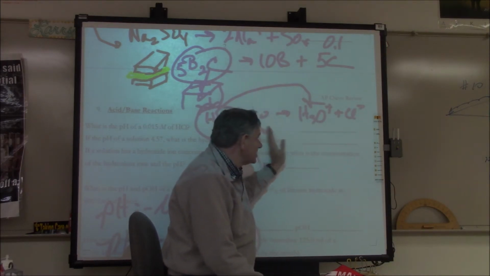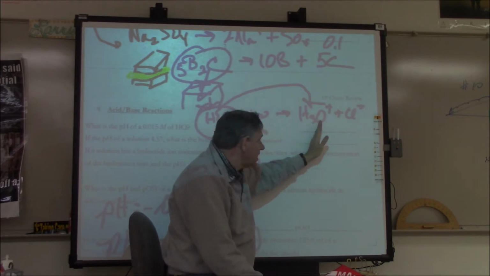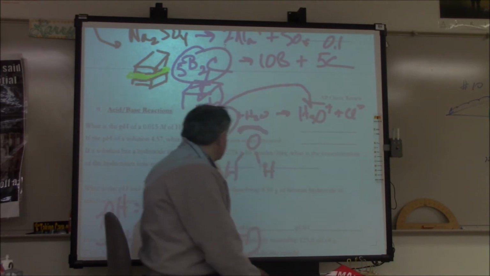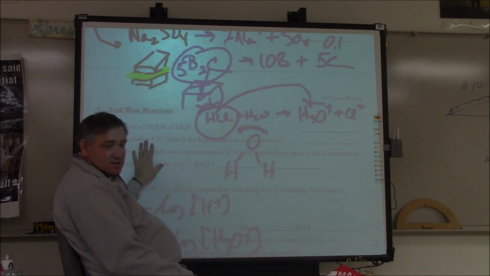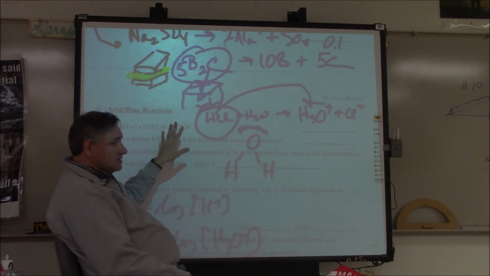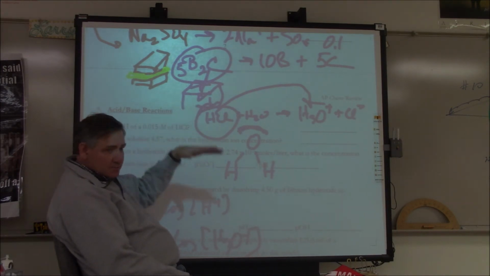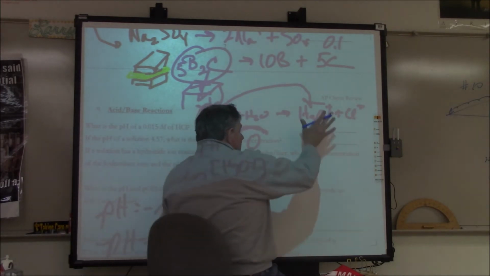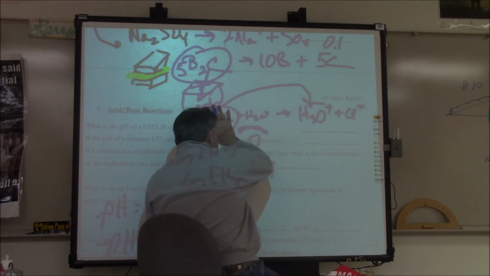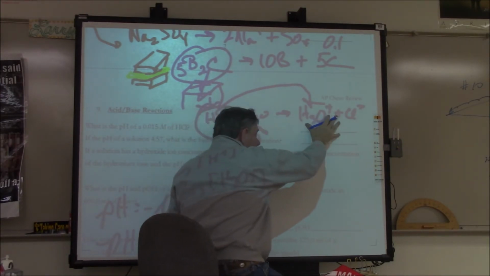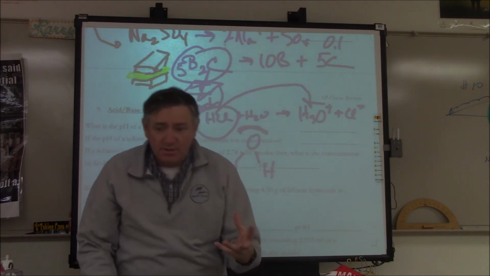This thing is going to completely ionize into hydronium ions and chloride ions. But this is only true if this is a strong acid. If this was nitric acid, something like that, that equilibrium would lie to the right, and whatever the concentration of the acid is, is whatever the concentration is of your hydronium ions.